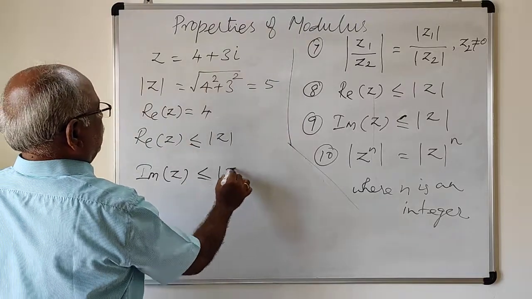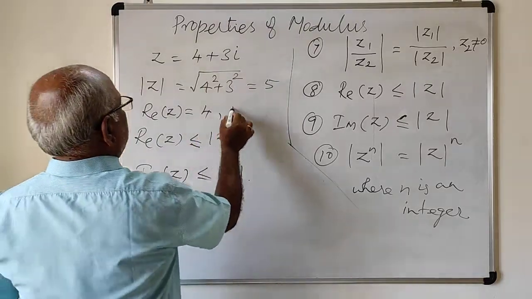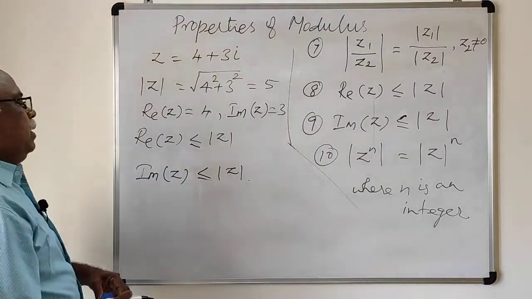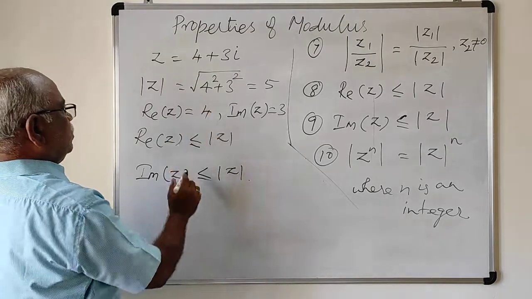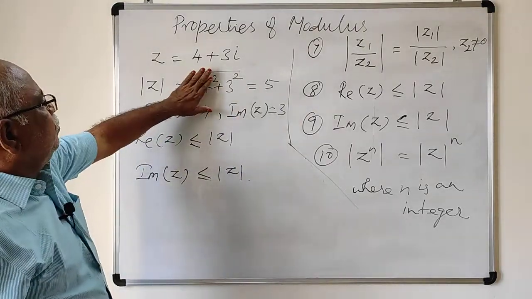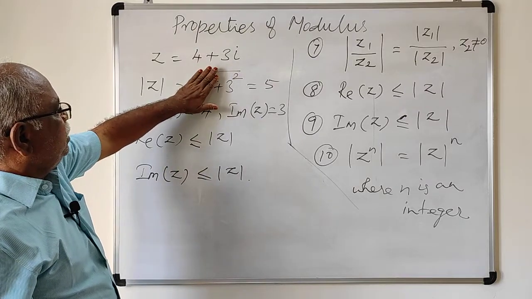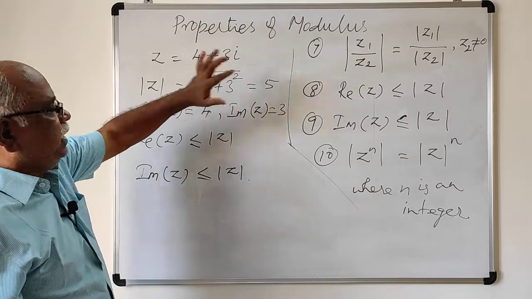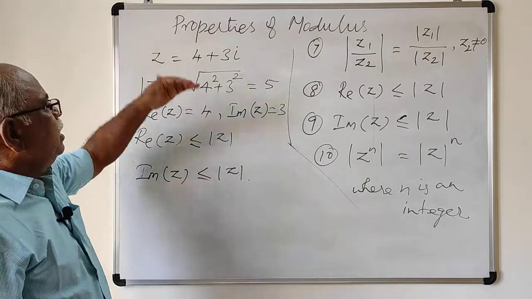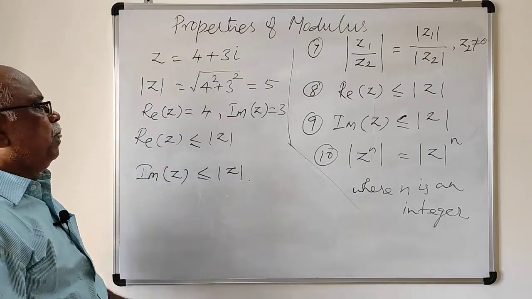So this is also less than or equal to mod z. 3 is also less than or equal to 5. In the case where the real part is 0, then mod of z is 3, and the imaginary part is equal to mod of z.